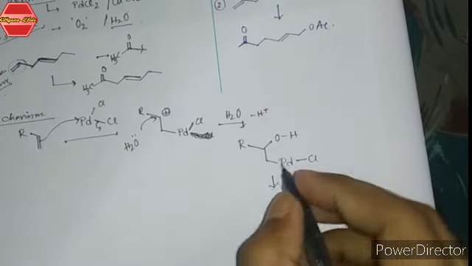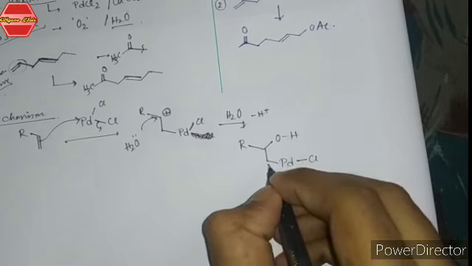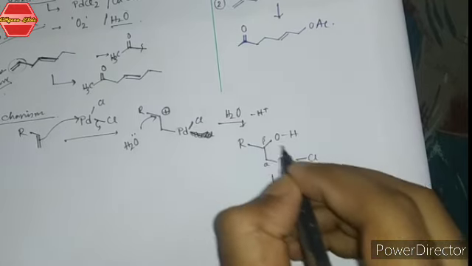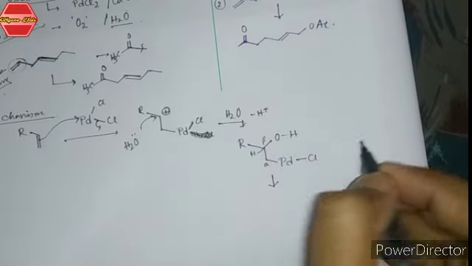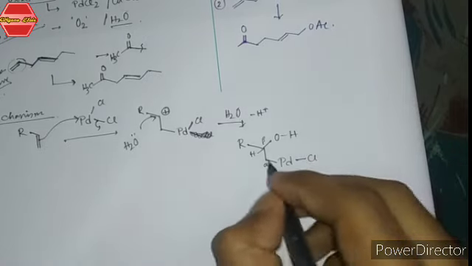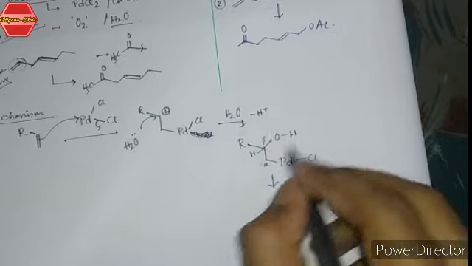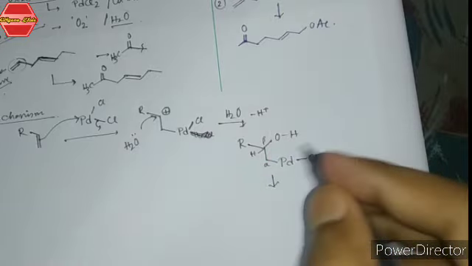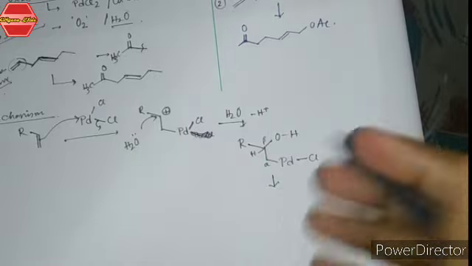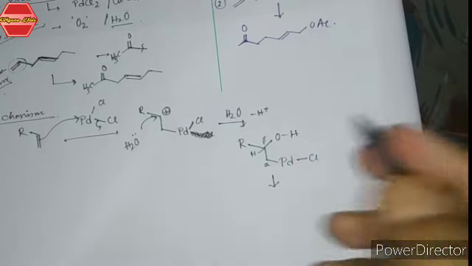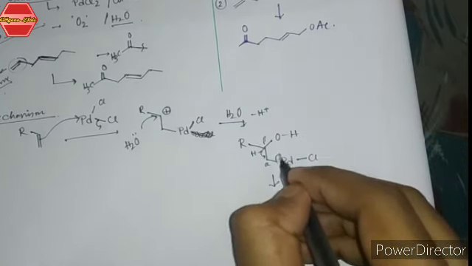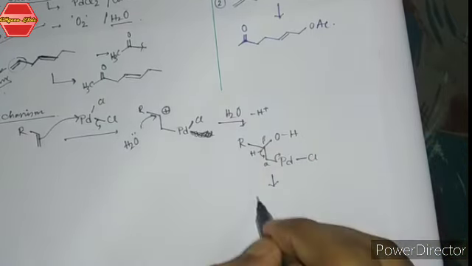So what is the position? This is alpha and this is beta. You have this hydrogen over here. This hydrogen and this overall PdCl group will leave the system, beta elimination will take place, and there is a formation of alkene.